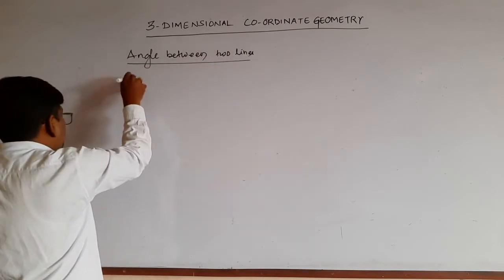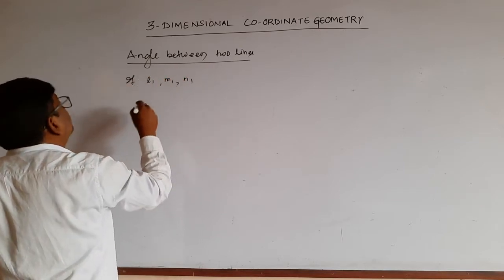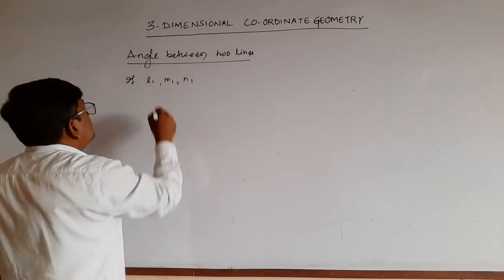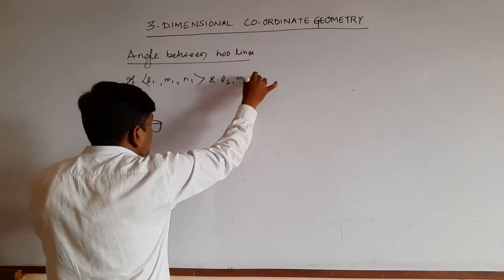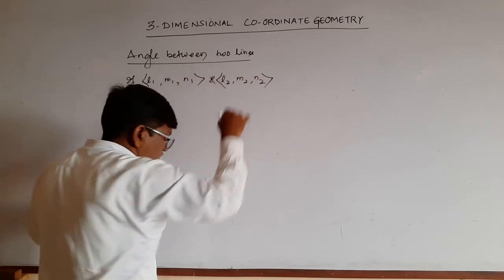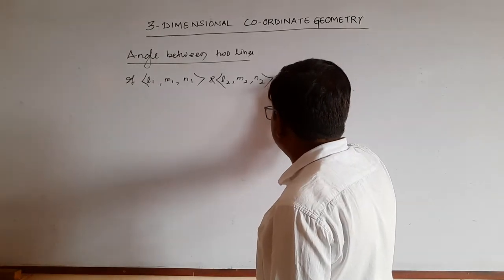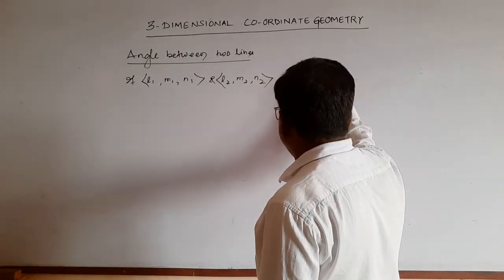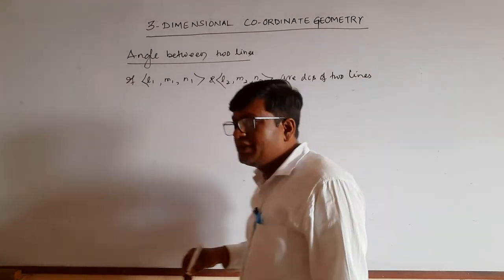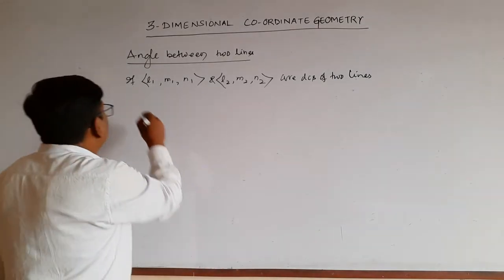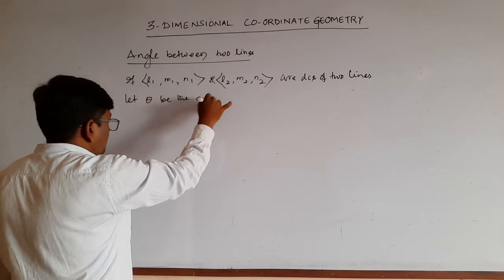If L1, M1, N1 are the DCs and L2, M2, N2 are the DCs of two lines, let theta be the angle between them.